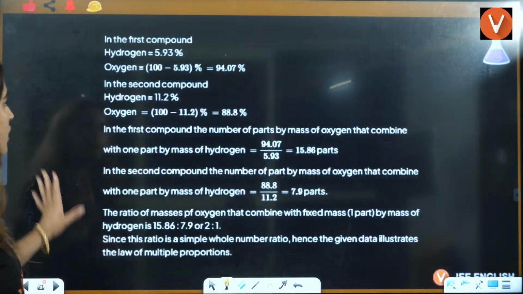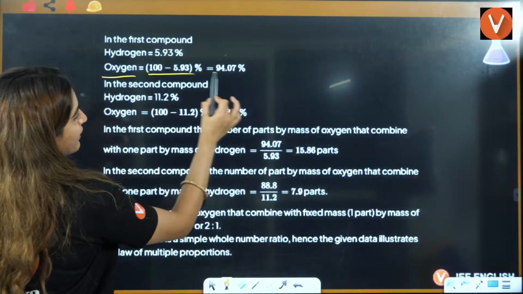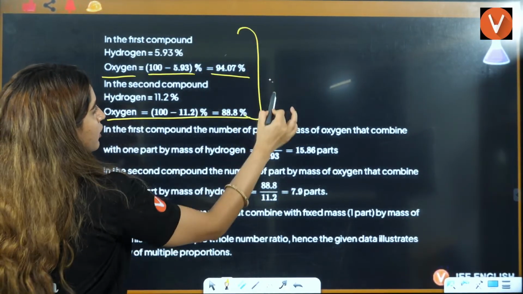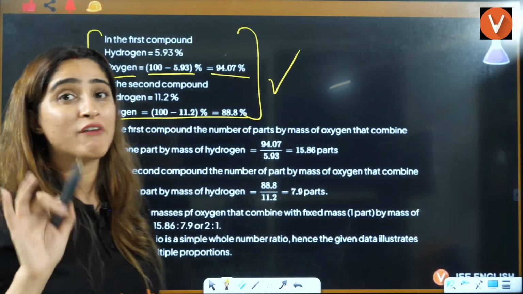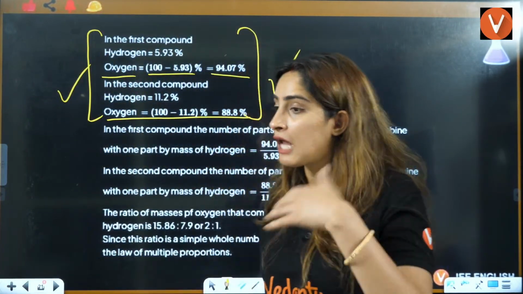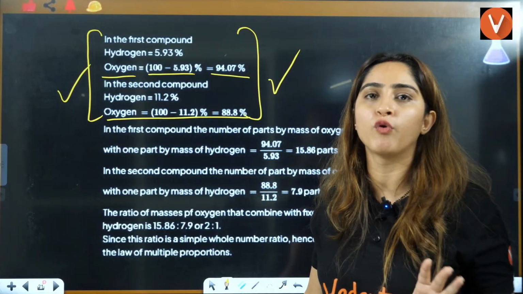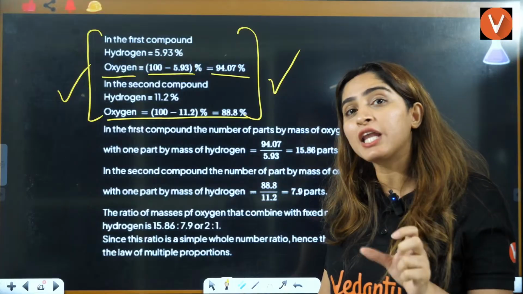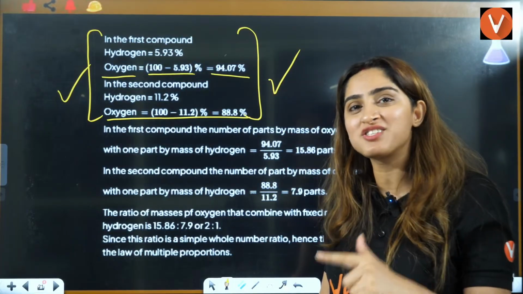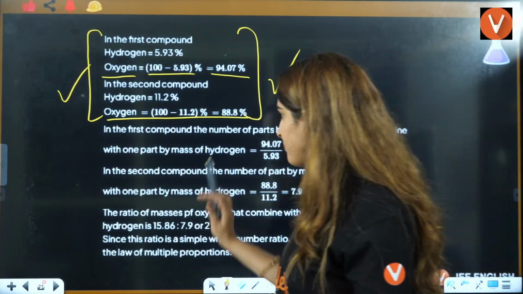Once you know the oxygen content, you know everything. You have the content of oxygen and the content of hydrogen. Now the same thing as before: fix the amount of hydrogen and see whether you are getting the amount of oxygen in a simple whole number ratio or not.